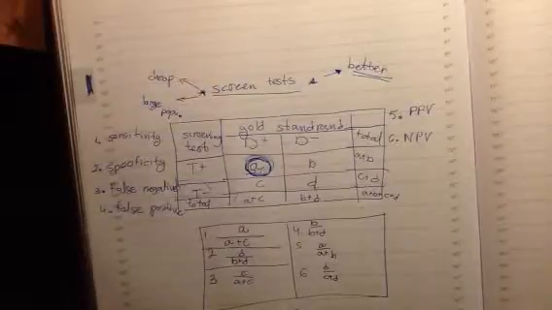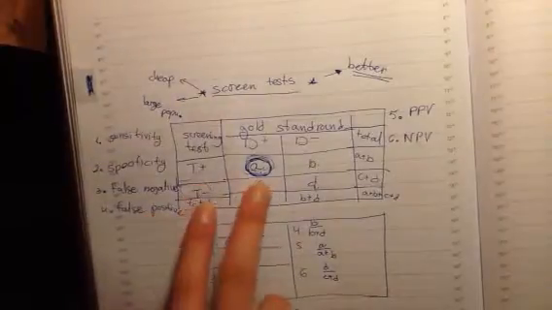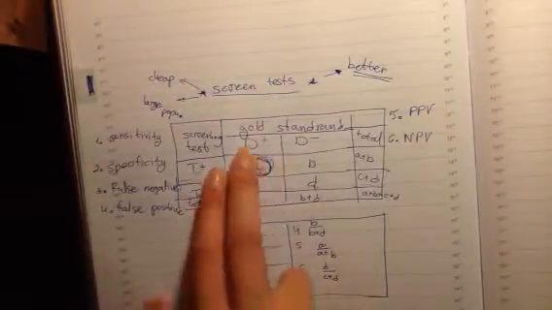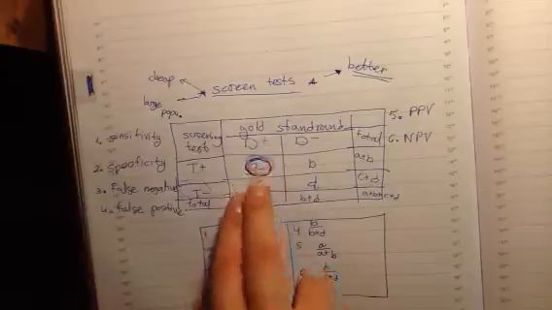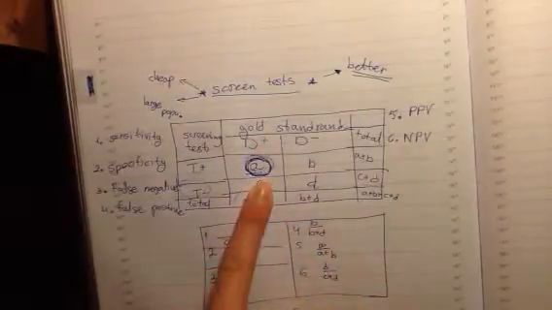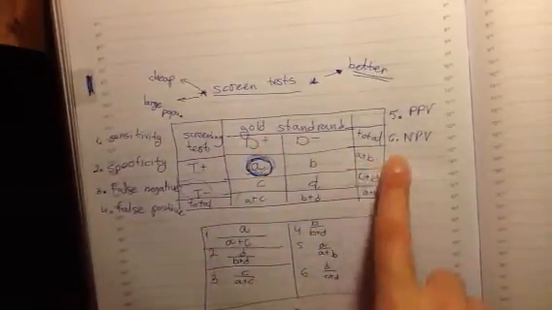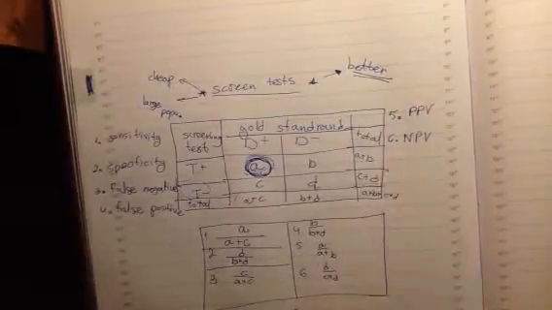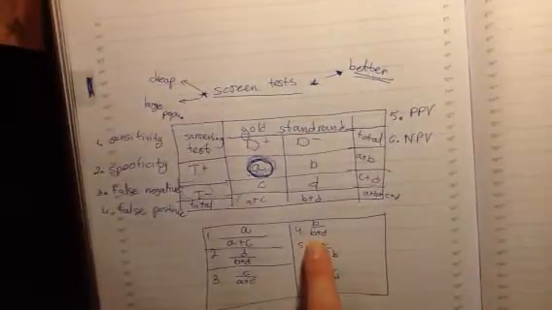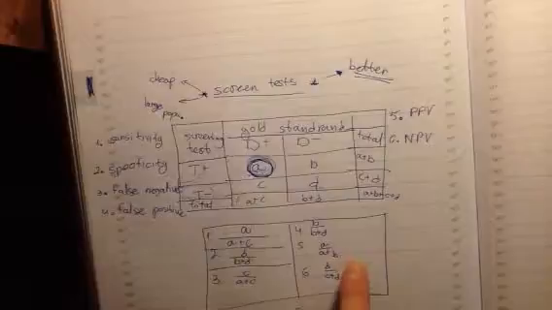Positive predictive value means the number of people that I detected in the screening test as positive and that are actually positive by the gold standard, divided by the number of people I detected as positive in the screening test. It means A divided by A plus B.